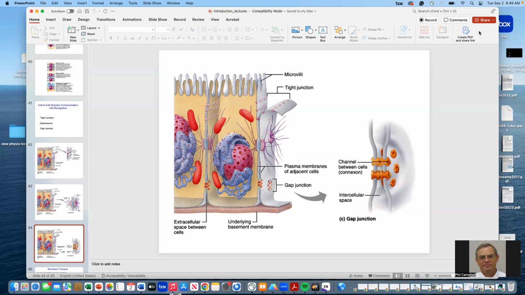Okay? What are the advantages? Without connexins, in order for this cell to give that molecule to this cell, it has to be released into the interstitial space. It's subject to dilution in that interstitial environment. Then it has to find a way into this cell.